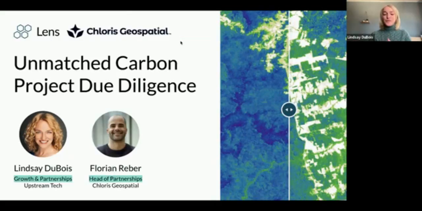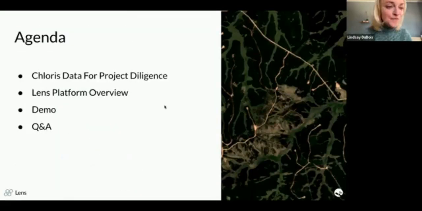So, with that, I'm going to quickly go to the next slide here. And we're going to have Florian kick us off with a high-level view of the Chloris data and some key considerations that you would want to think about as you assess the fitness of carbon biomass data for all kinds of due diligence applications. From there, I'm going to give a very brief overview of the Lens platform and what we're all about and why we do what we do.